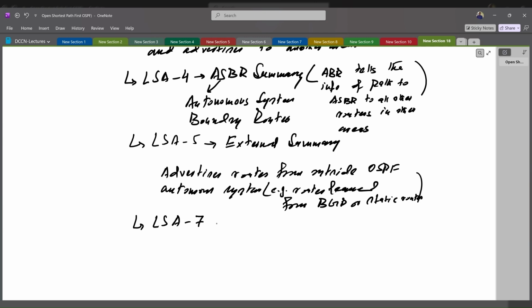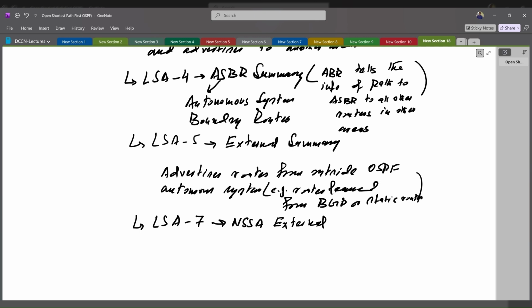LSA 7 is used to advertise external routes. By the way, this is also known as NSSA external. NSSA, not so stubby area. हमें नहीं पता ये क्या है, with a question mark, right? We need to connect all this together. I'm just listing these: different types of areas, and different types of LSAs.